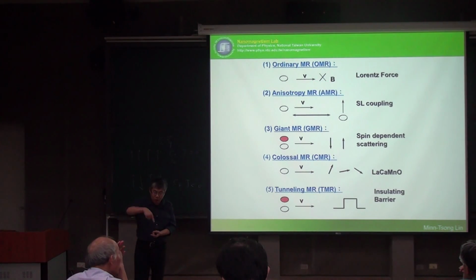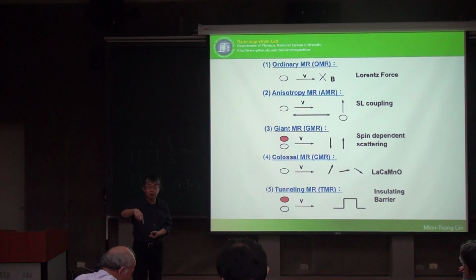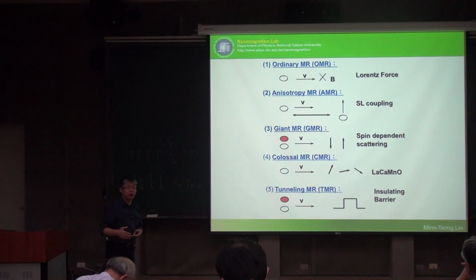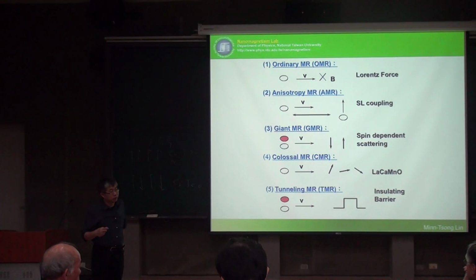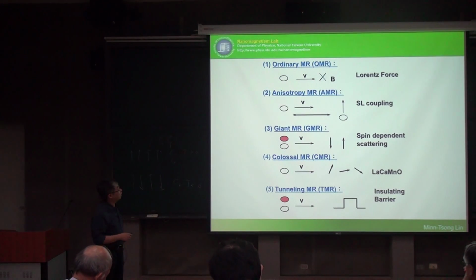So basically you can change the motion of the electron and enhance the scattering path. The enhanced scattering probability causes an enhancement of the magnetoresistance. Fortunately or unfortunately, such magnetoresistance is very small, only 0.1%, or even less than that.